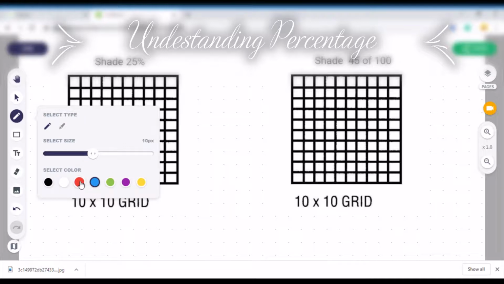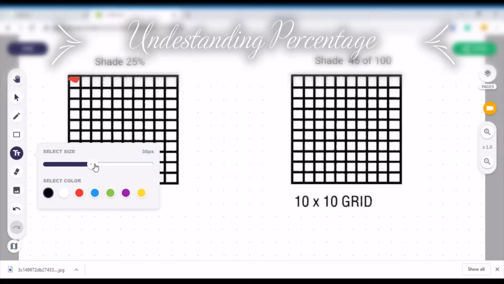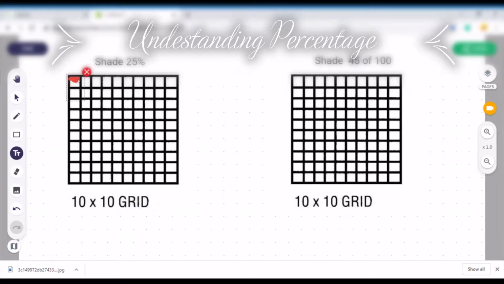Let's count 25. One straight line here is 10.